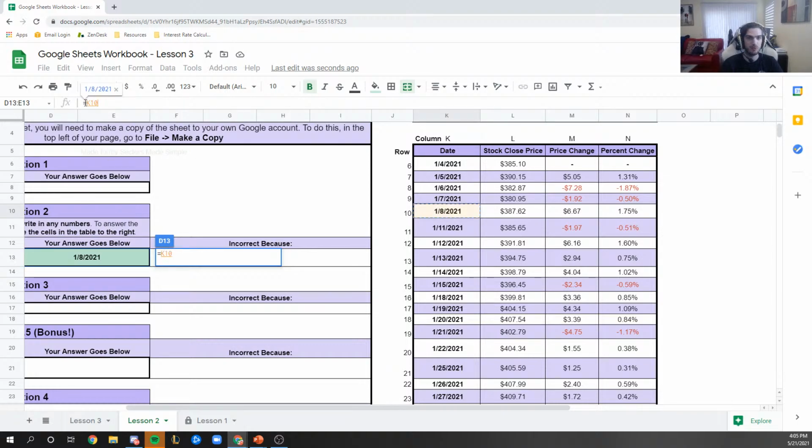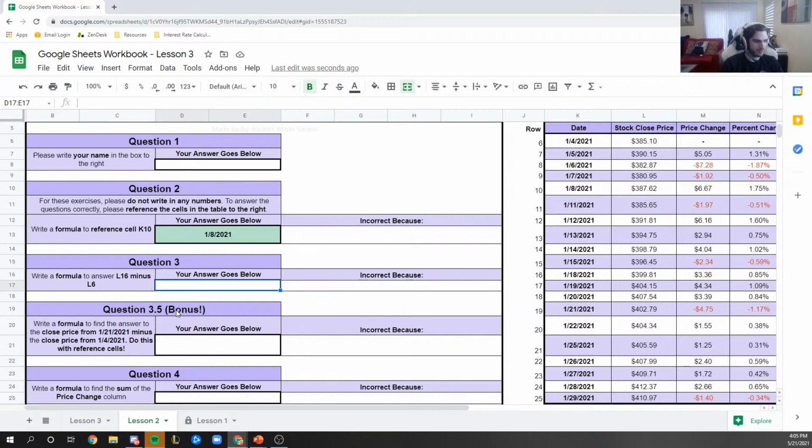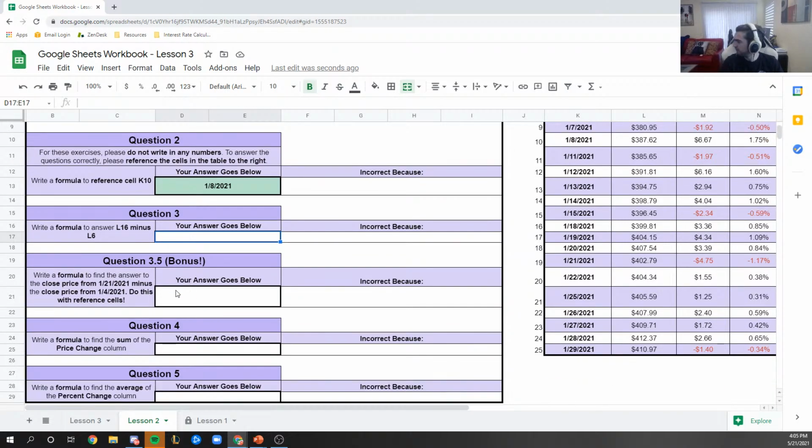So you still need your equal sign. You always need your equals, otherwise it doesn't know to do math. Once you tell it equals, then it's like, all right, we're going to do some math. What am I doing? So by telling it I want K10, when you hit enter, instead of it saying K10, it will give you the information that was in that cell. So in cell K10, it says January 8th, 2021. Ta-da.